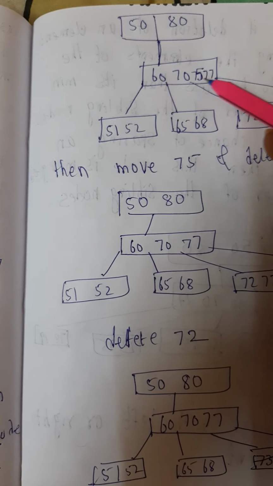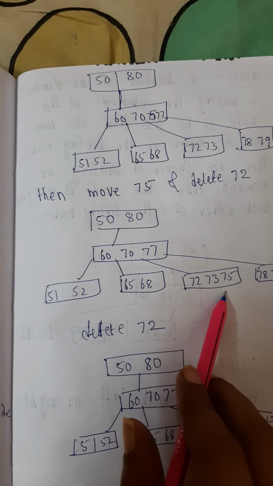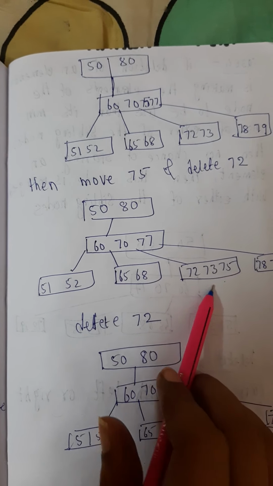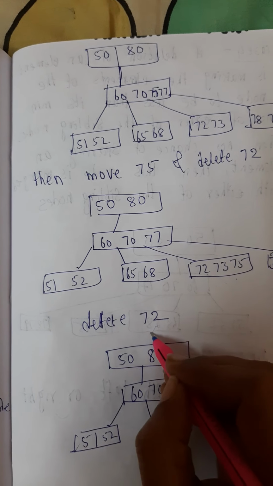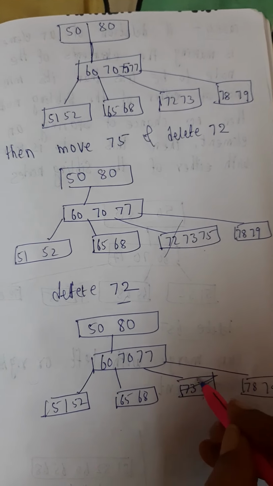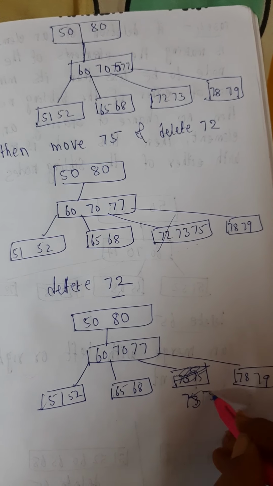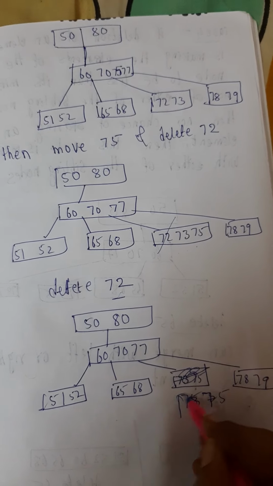Now let us move that 75 down. Let us move this 75 down. After moving 75 down, now you delete 72. Now delete 72. After deleting 72, here we have 73 and 75.